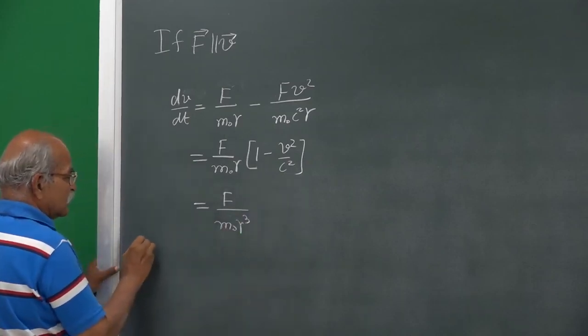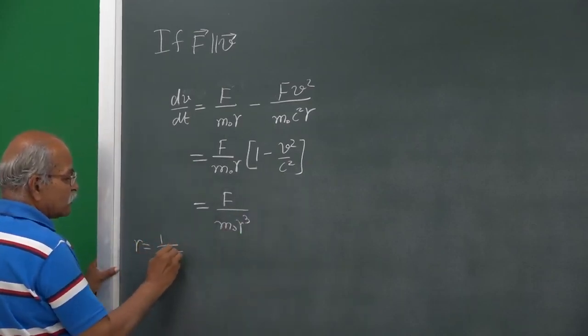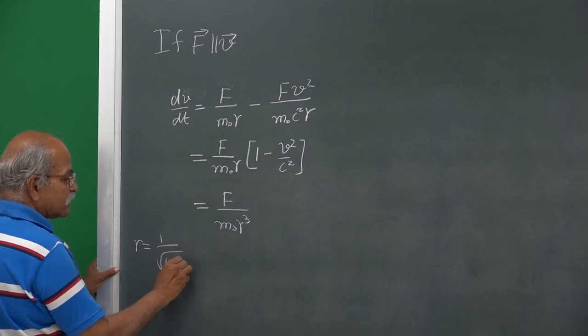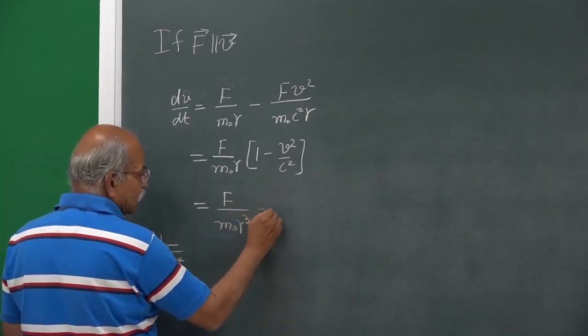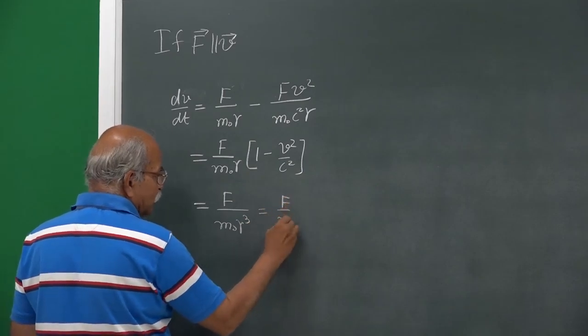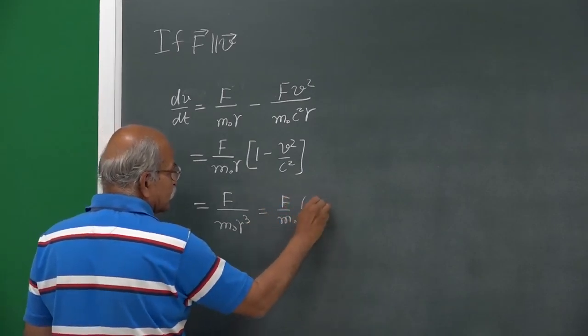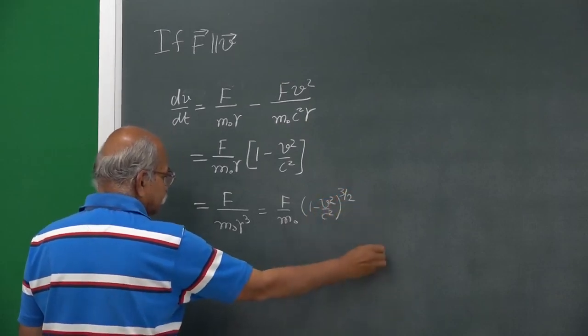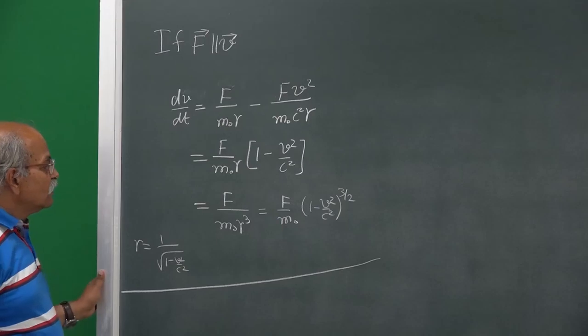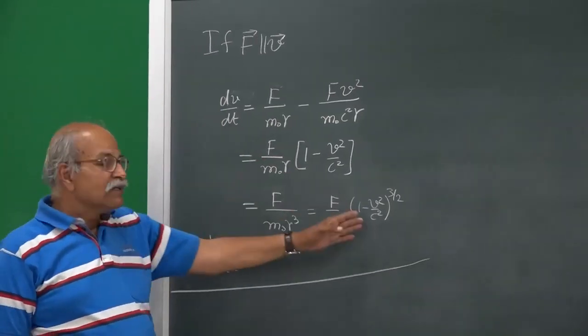Remember, gamma is nothing but 1 by square root of 1 minus v square by c square. So, you can write this as f over m naught and then 1 minus v square by c square to the power 3 by 2. So, dv dt is given by this.